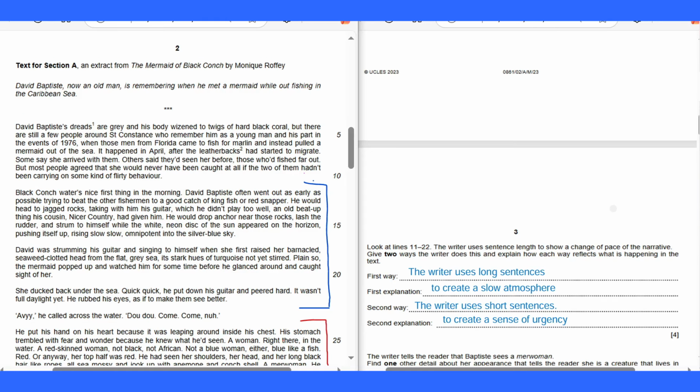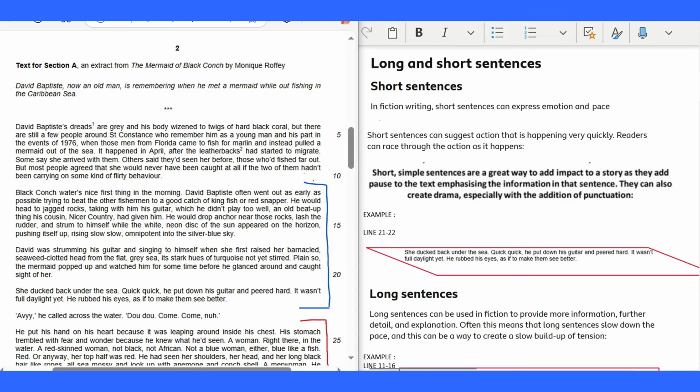Let's discuss more about long sentences and short sentences, and how the writer uses sentence length to show a change of pace of the narrative. We see here long and short sentences. In fiction writing, short sentences can express emotion and pace. Short sentences can suggest action that is happening very quickly. Readers can race through the action as it happens.